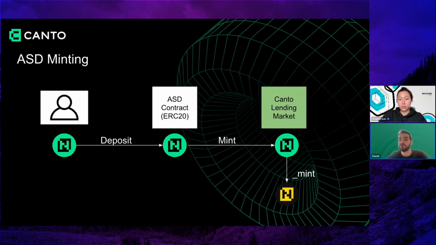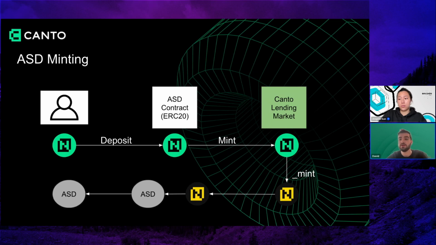And this is the token that will actually accrue interest. So this C note is returned to the ASD contract. It'll hold on to that. And then the ASD is minted, again, in a 1-to-1 ratio of the amount of note supplied, not the amount of C note that was returned. And then finally, this ASD token is returned to the user. They can now interact with the protocol with it, or other functionality that the ASD provides.